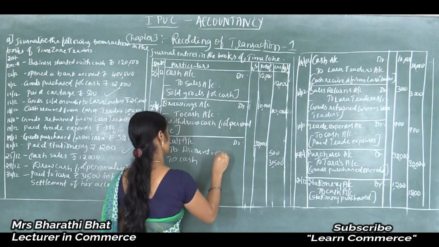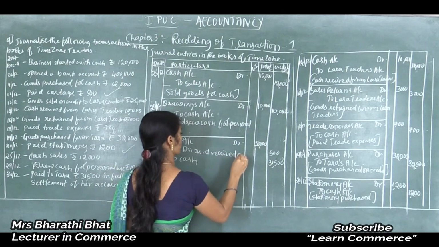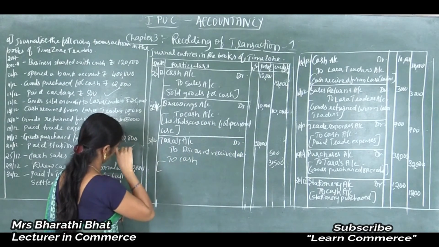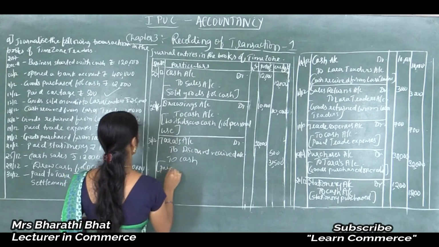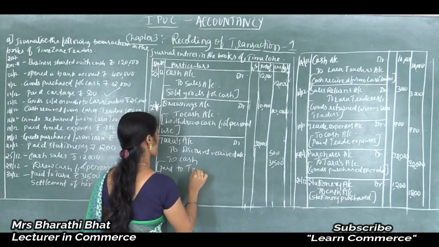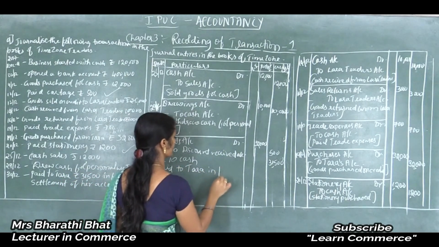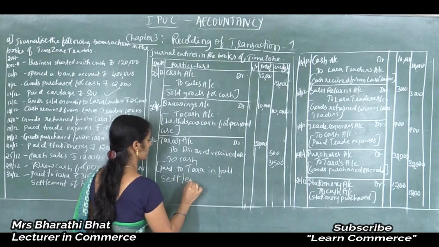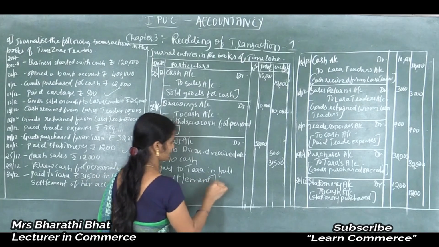Discount received, in bracket, paid to Tara in full settlement. It is called a compound journal entry.